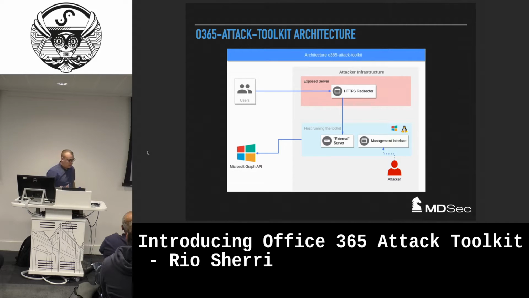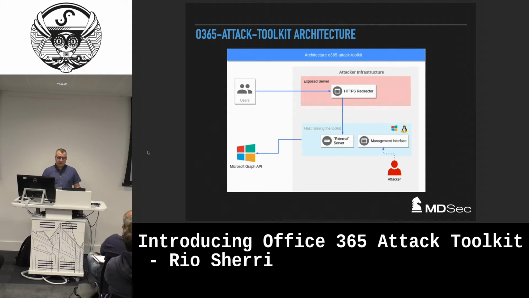But how would the proper architecture look like? This is the suggested deployment. As you can see, there's the attacker infrastructure, which is constructed by two servers. The first one is an HTTPS redirector, which redirects all the traffic to our external server, which is the phishing endpoint.